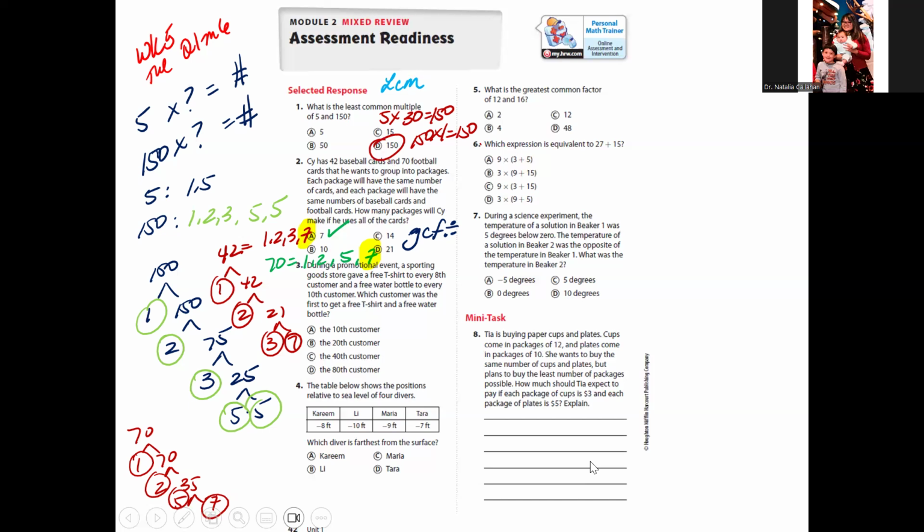What is the greatest common factor of 12 and 16? Greatest common factor is GCF. Are we looking for a big number or a small number? Small. We're looking for a small number that can divide into 12 and 16. What would that be?